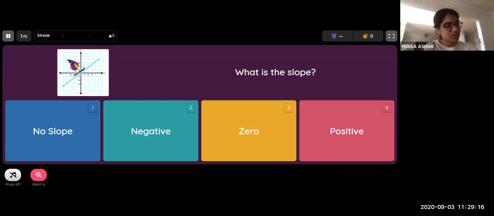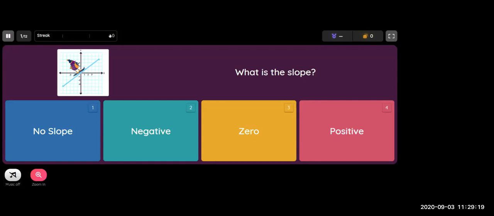Good job, Gurjot. And Prisha, you said 3. The reason it's not 3 is that in this example you can just see it, but say you have 2 points and you're trying to figure out what the slope is. Whenever it's a horizontal line, you'll have 0.